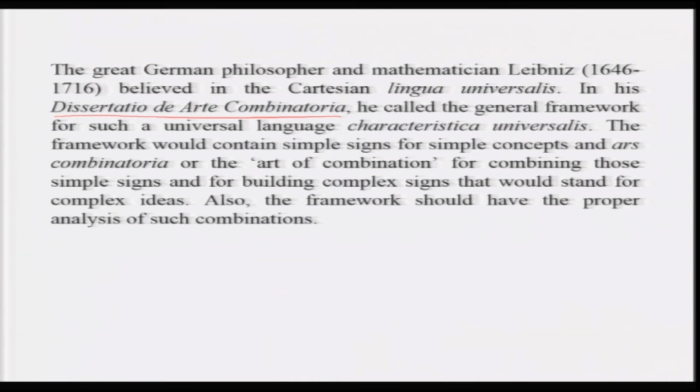Also, the framework should have the proper analysis of such combinations. So not only does it have signs like alpha, beta, gamma, it also has rules for combining those things and making a structure like alpha, beta. That is actually ars combinatoria.